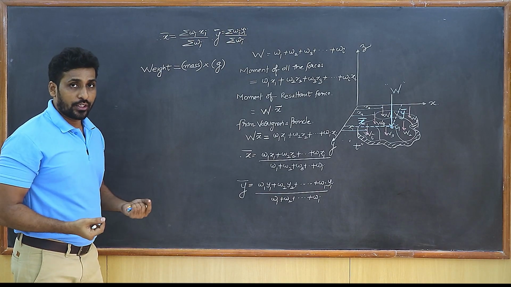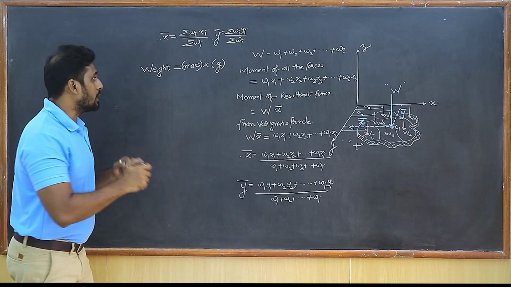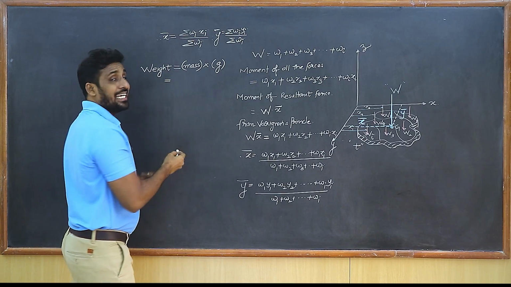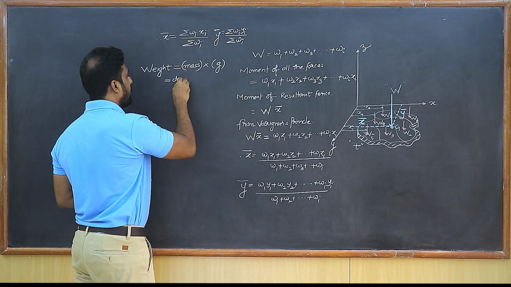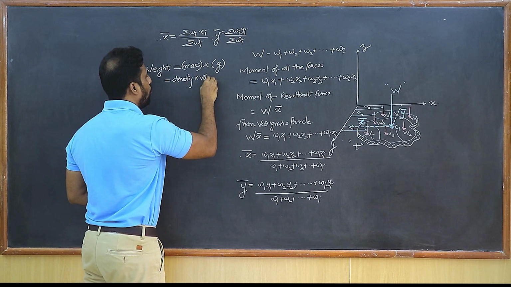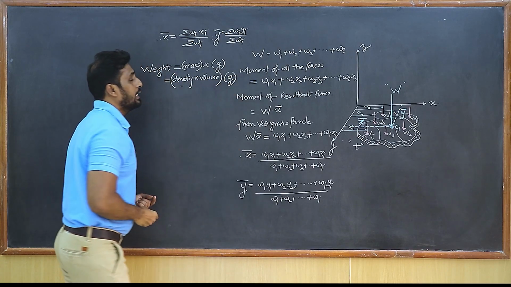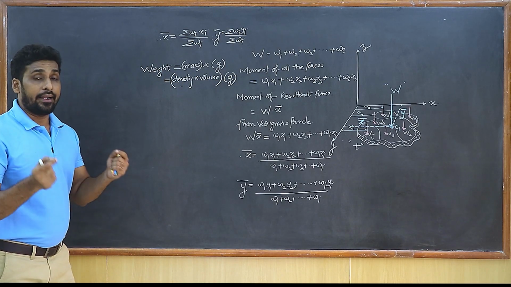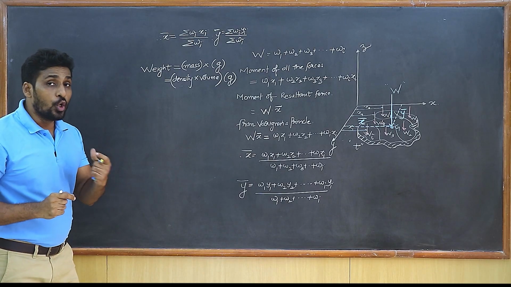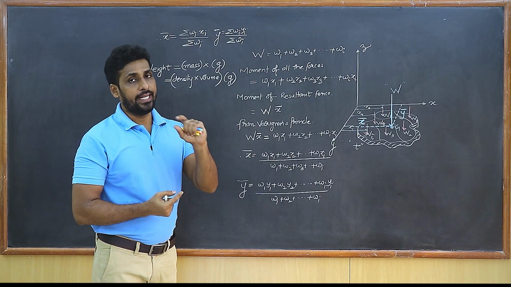When you take the product of these two terms, you get the weight of the body. Further, the mass of the body is the density of the body into the volume of the body, and this multiplies with g, the gravitational constant. And finally, volume is the area of the base into the perpendicular height.